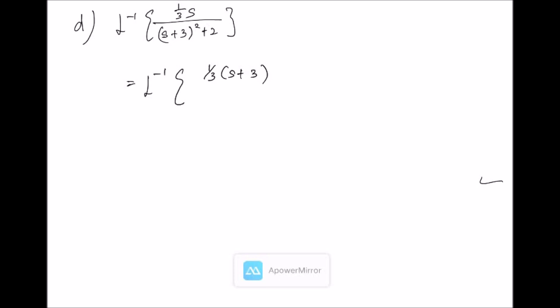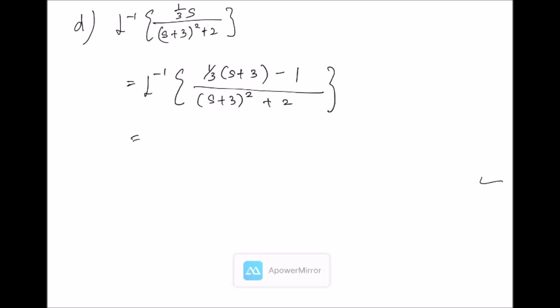So 1 over s plus 3, if we multiply in, we will get s plus 3, 1 over 3 s plus 1. So this positive 1 is extra. We need to cancel out by minus 1. Okay, so s plus 3 squared plus 2.